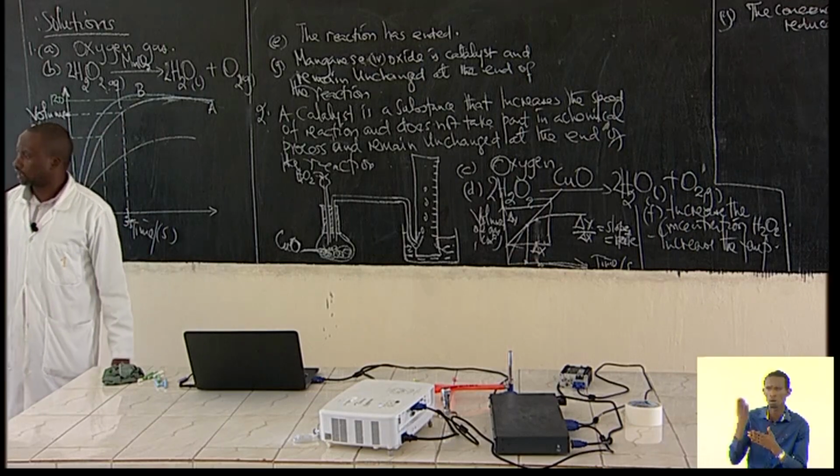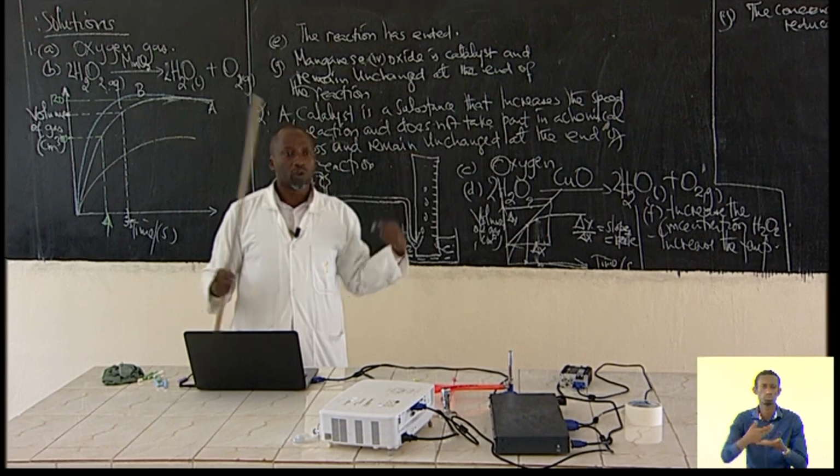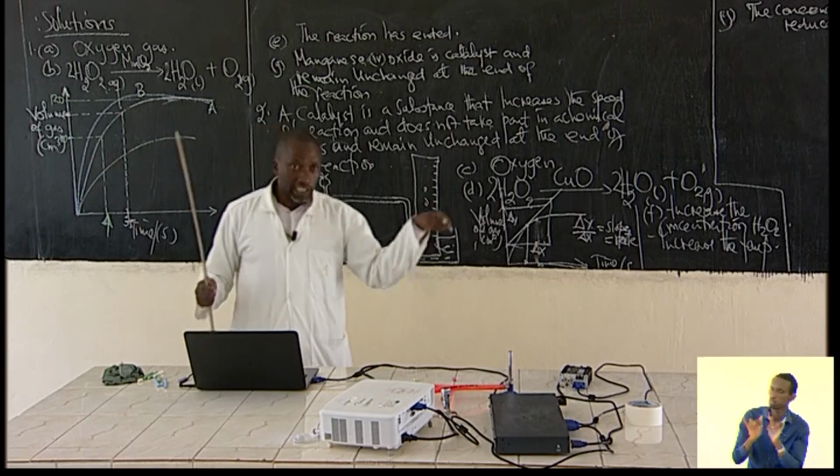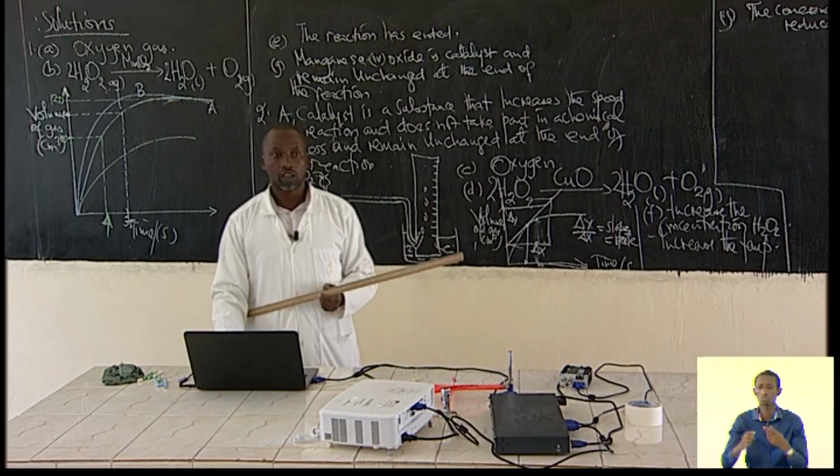After 90 seconds, what do you expect? What do you have in the flask? There is only water, and oxygen has been collected. So you remain with water and the catalyst that you also used. That is what will be remaining.